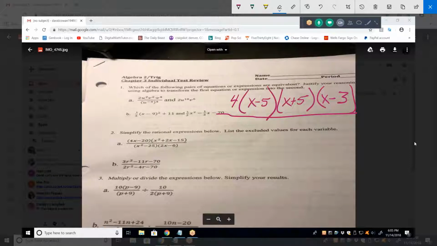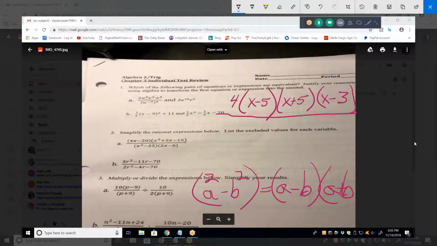And how does it factor? Whenever you have the difference of perfect squares, a squared minus b squared factors into a minus b times a plus b.